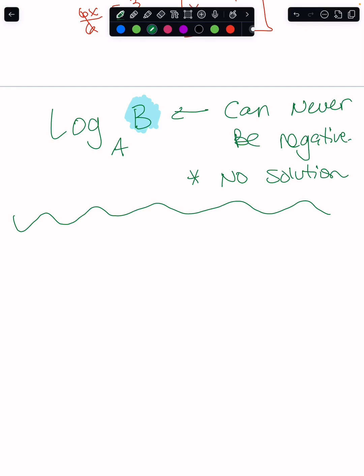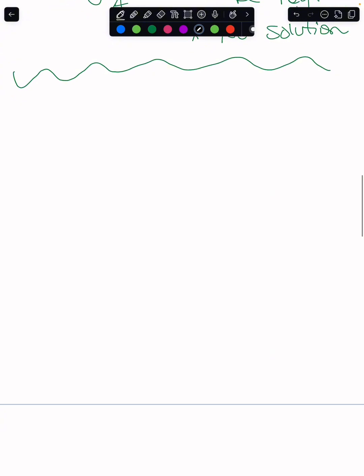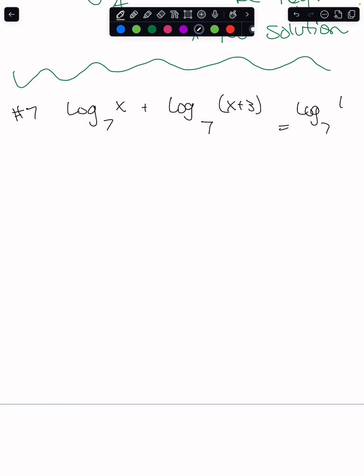All right, so this is number 7. I have log base 7 of x plus log base 7 of x plus 3 equals log base 7 of 10. Remember these rules at the top. In order to get that plus sign in the middle, that means we had to have started with multiplication.